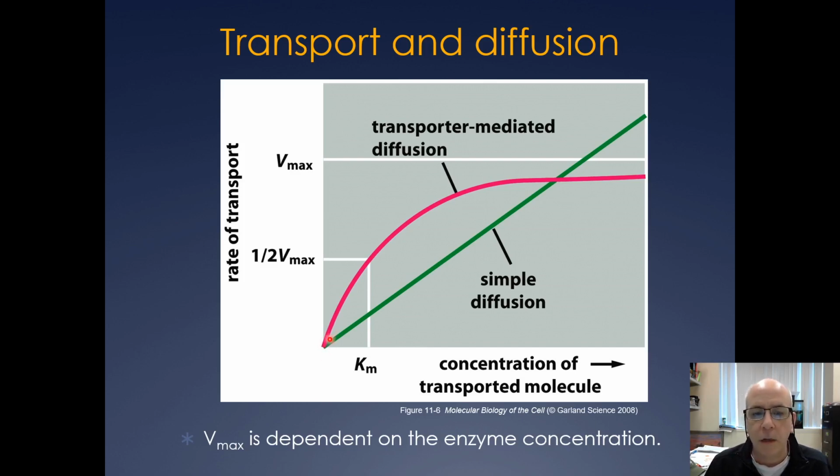You can get that just by plotting out how the transport-mediated diffusion occurs, and you can calculate the 1/2 Vmax from it. The Vmax will be dependent on the enzyme concentration. As that goes up, more and more stuff can be transported.